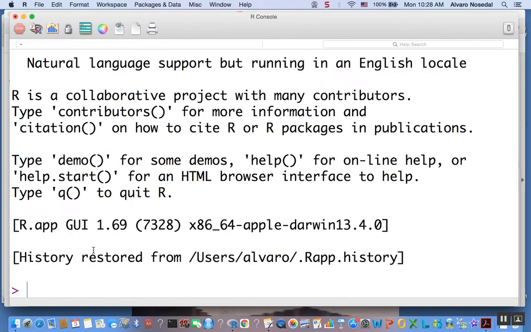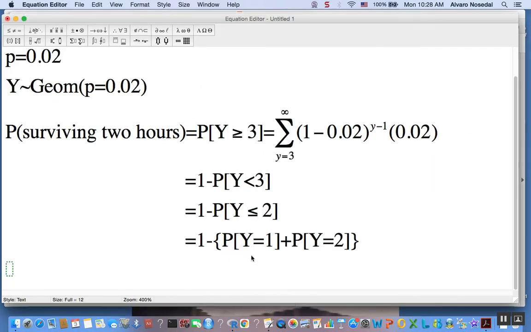Let me launch R. The probability that y equals 1, the probability of seeing a success on the first trial, is just 0.02, because we're evaluating at y equals 1, so you have 1 minus 1, 0, and only 0.02.